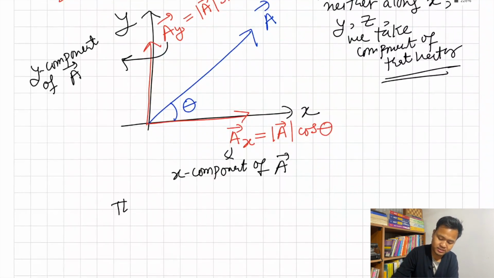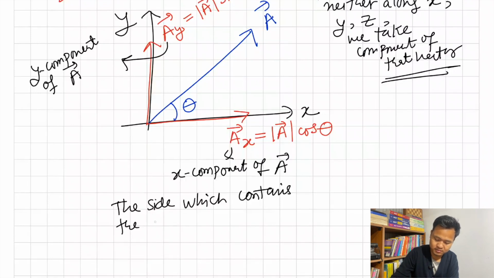So the second point is: the side which contains the angle takes cos theta. I'll write only this much.